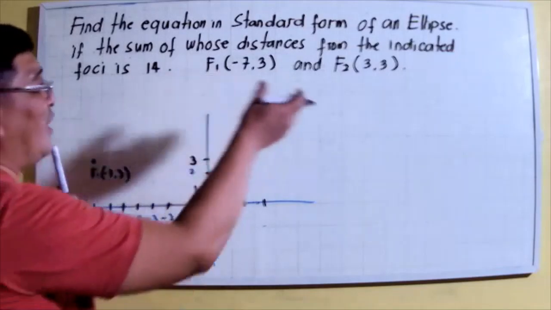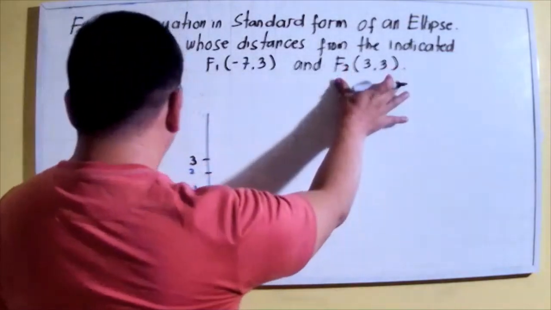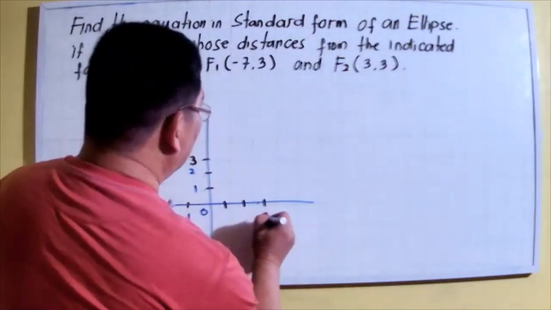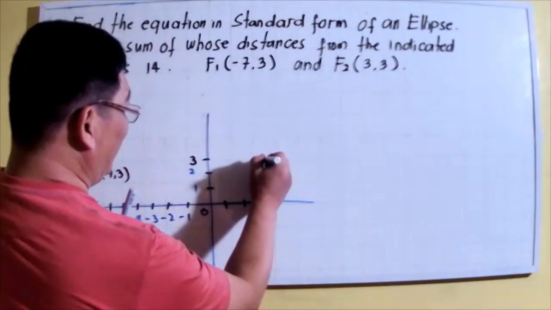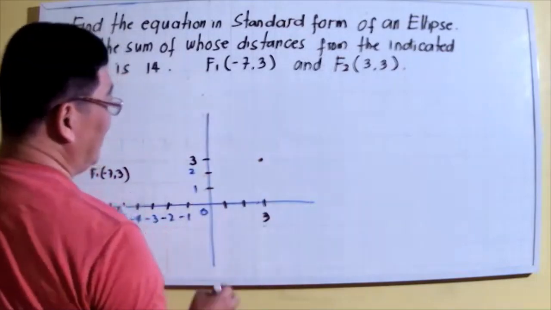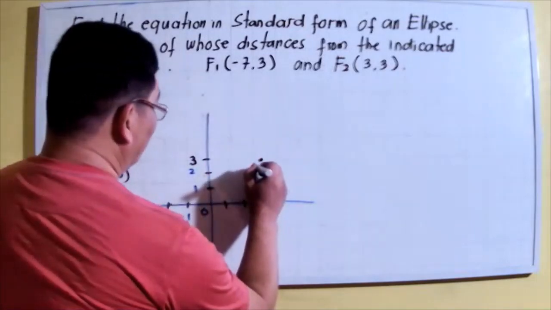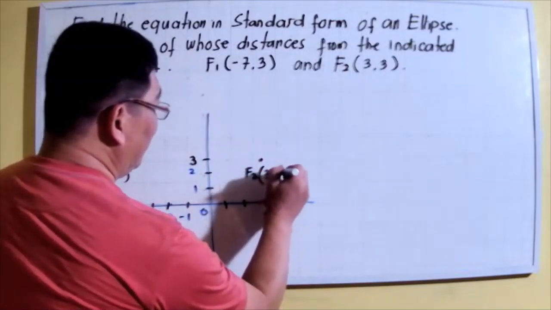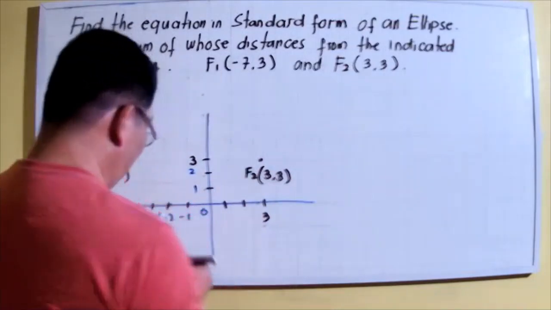Then the next one, the other focus, F2, that is 3, 3. So I will put 3, 3. Let's call this F2 at 3, 3.